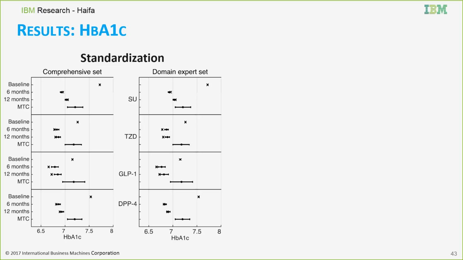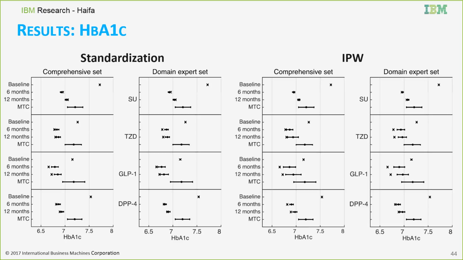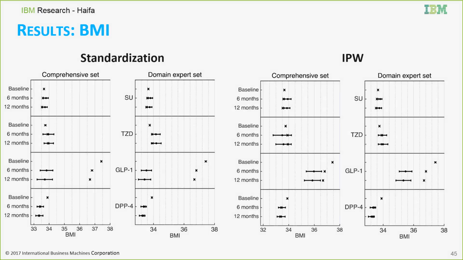So this is for hemoglobin A1C, and again comparing IPW information. So tons of information here. I'll summarize this in the next slide, just to show before that the results for BMI.